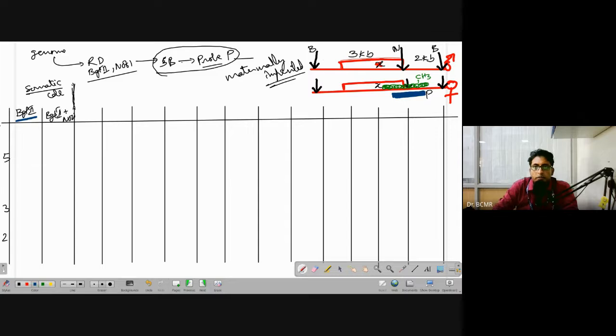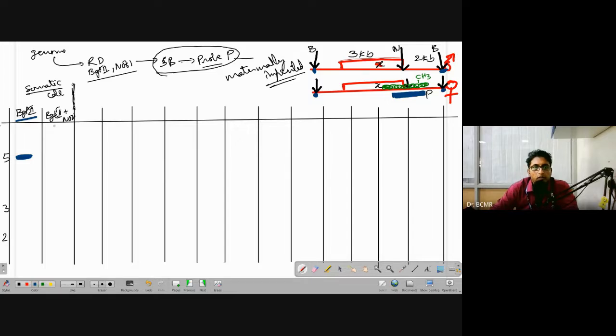BGL2 cuts here and here, and the same goes with both the alleles. It has nothing to do with the methylation, right? So we will only get one band of 5 kb. Cutting of both the alleles, maternal and paternal, results only in a 5 kb fragment. Therefore, that is what we will see.